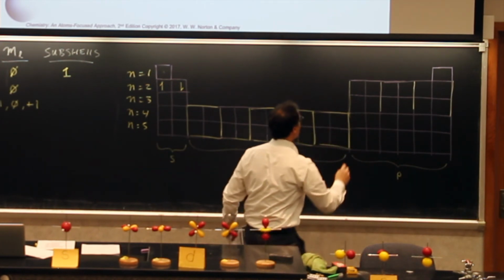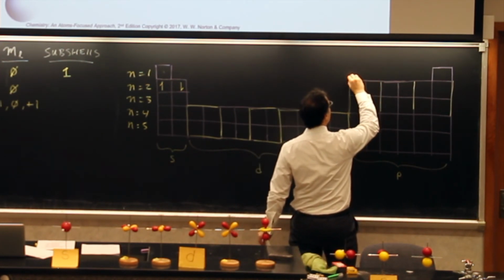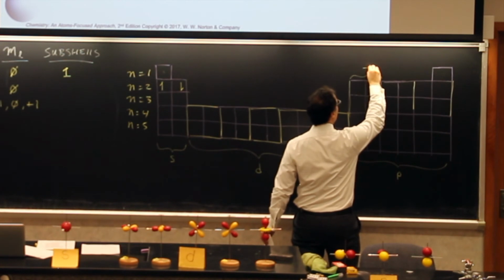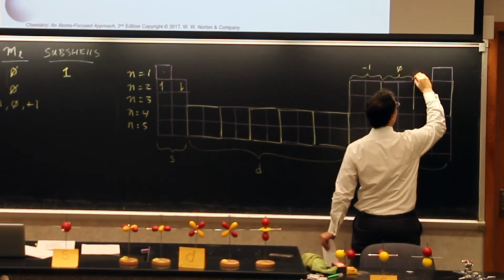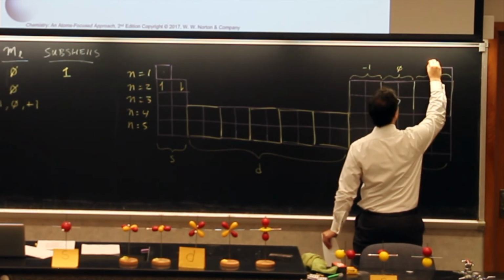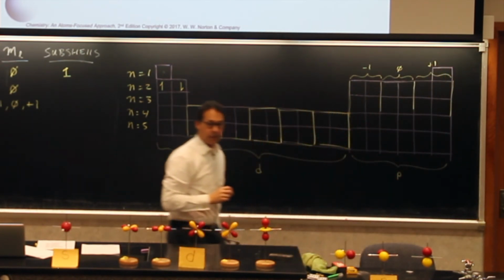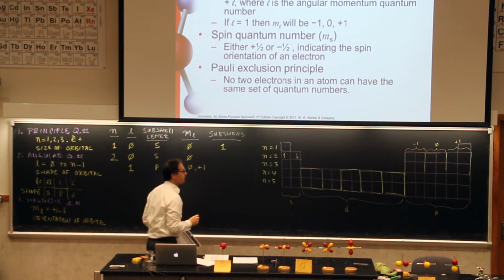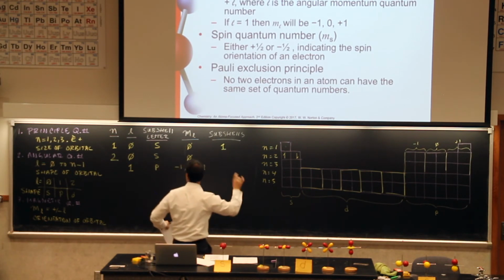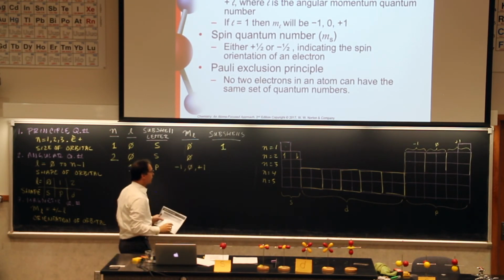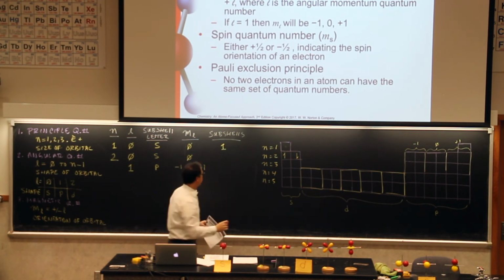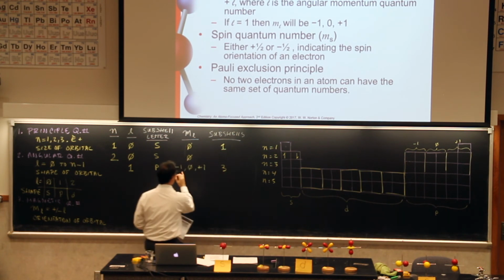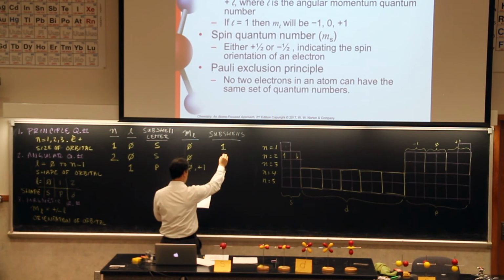And we might think of it this way, right here: negative 1, 0, positive 1. And then subshells. How many subshells in the P? It's 3. 1, 2, 3. And then this one here is a 1.